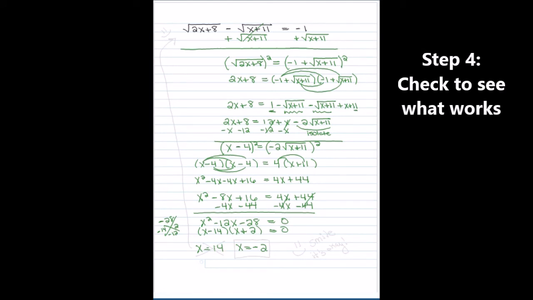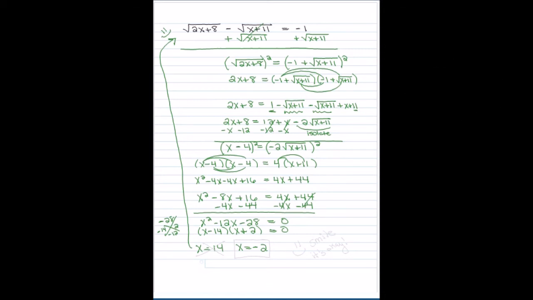So just when we thought we were finished, you have to go all the way up to the top. Go to the original equation to check whether these are both true solutions. So if you go through and you try to plug in x equals 14 for all of the x's in the original equation, you're going to see that that doesn't work for your equation.